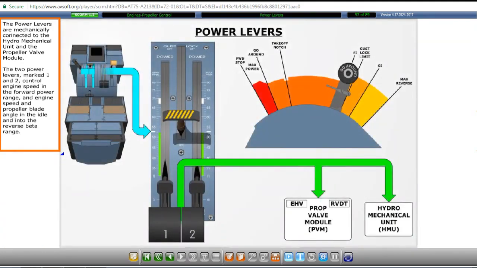The power levers are mechanically connected to the hydromechanical unit and the propeller valve module. The 2 power levers, marked 1 and 2, control engine speed in the forward power range, and engine speed and propeller blade angle in the idle and into the reverse beta range.